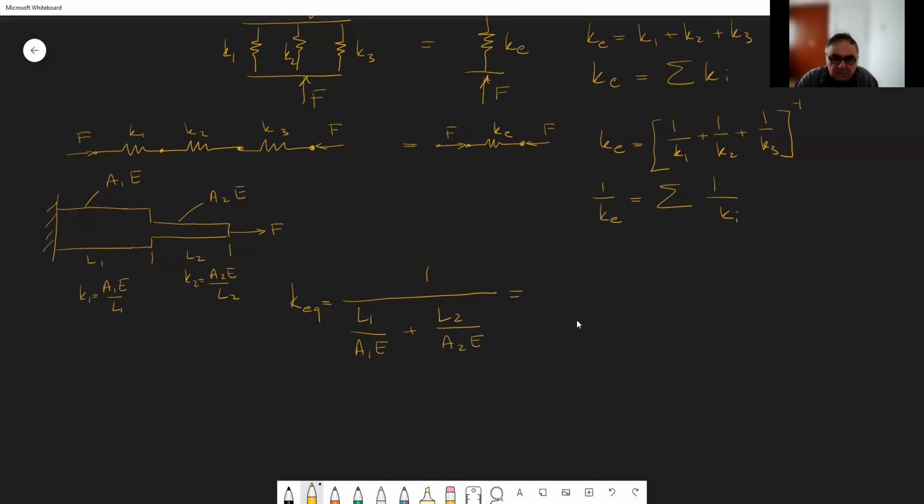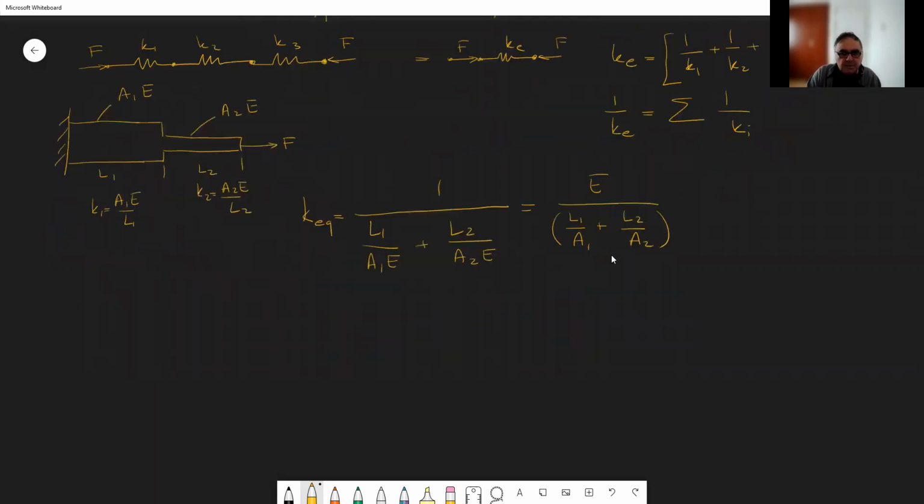So it is E over something. In this case, E is the same, since they are of the same material. So this is the equivalent spring of bars in series. If these bars were in parallel, then you would be adding up their springs.